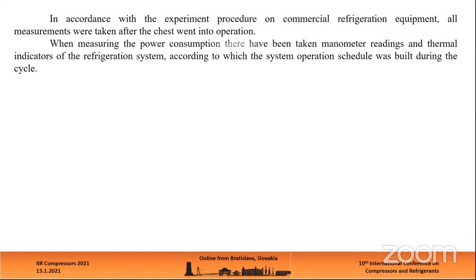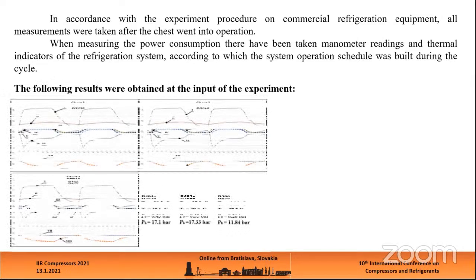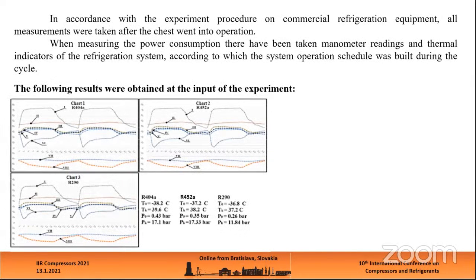In accordance with the experiment procedure and commercial refrigeration equipment, all measurements were taken after the freezer went into operation. When measuring the power consumption, there have been taken manometer readings and thermal indicators of the refrigeration system, according to which the system operation schedule was built during the cycle. The following results were obtained at the end of experiment.